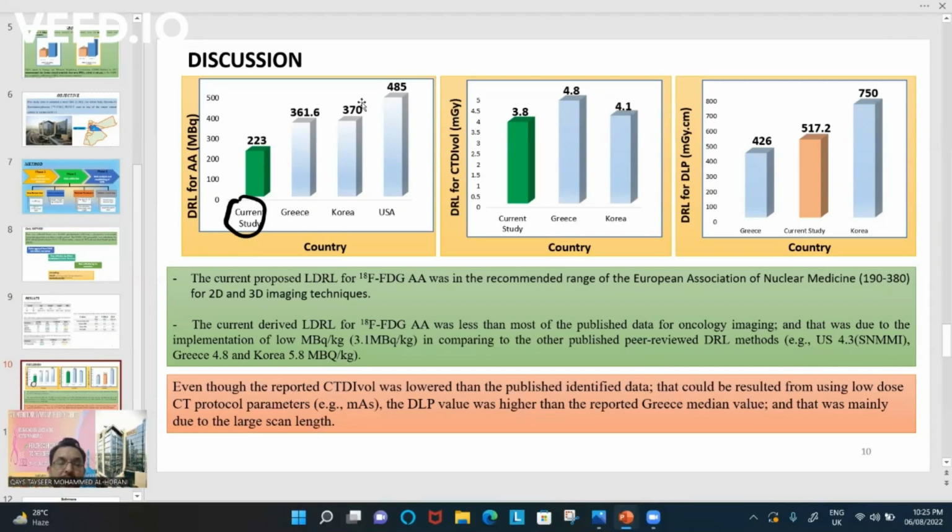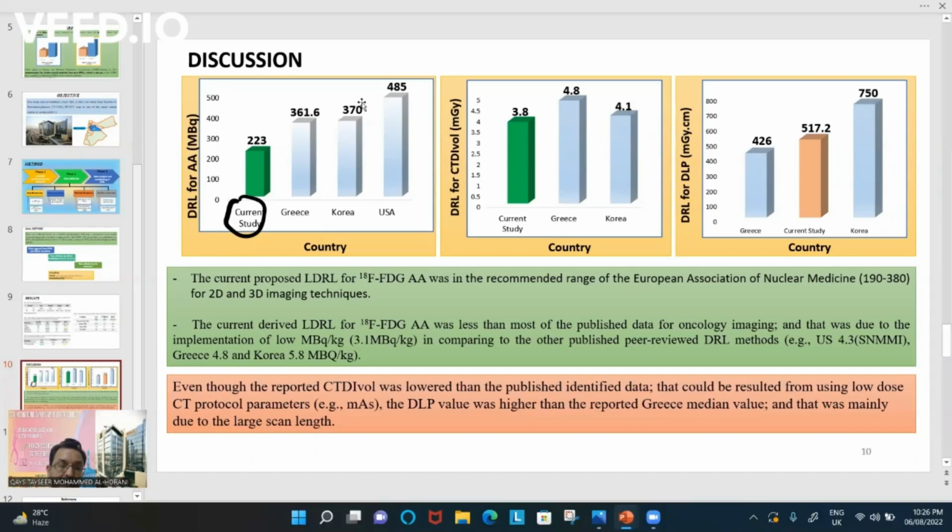We will find that our administered activity in our center was the lowest, and the same was the case for the CTDI volume, but for the DLP it was more than Greece and less than Korea. The reason why the activity is less is that we are following a low value of megabecquerel per kg compared to the other studies.